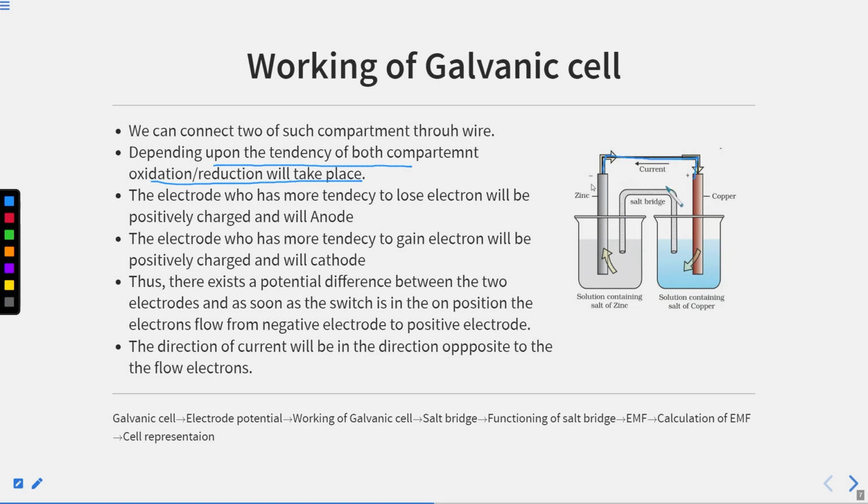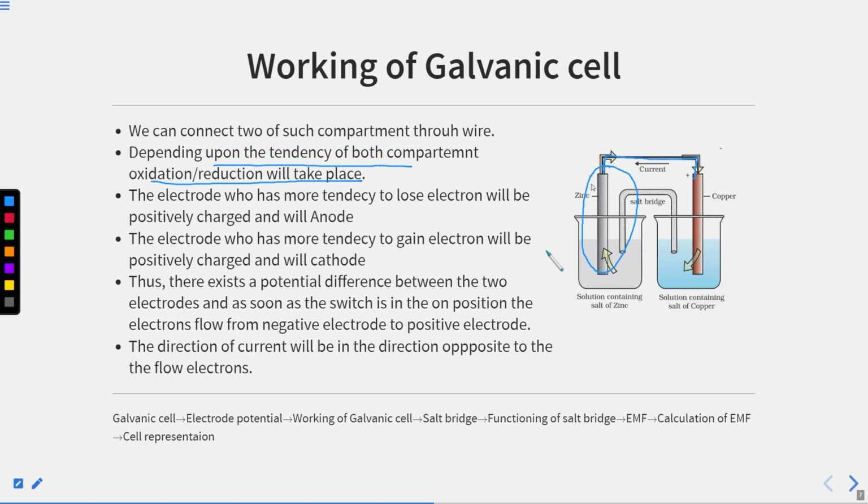Now comes the comparison. Say this electrode has more tendency to accept electrons, or you can say it has more tendency to become positively charged. How? By taking Cu2+, or you can say oxidation.